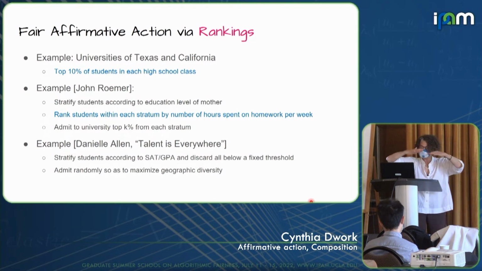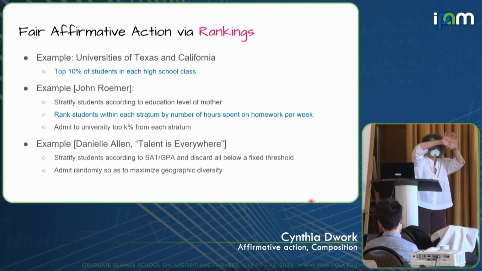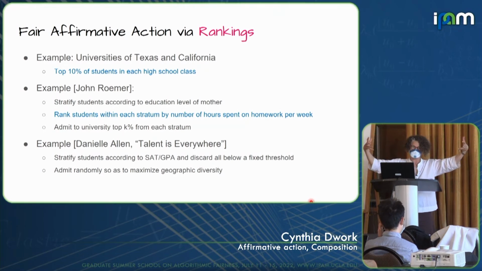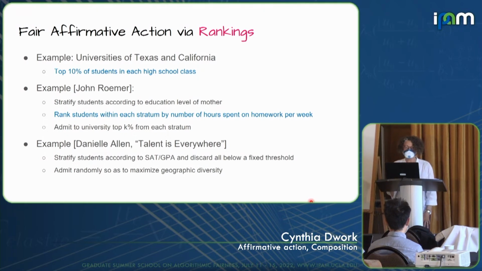But in any case, she says, discard everybody below whatever your fixed threshold is. And then, having now focused on a different pool of applicants, you admit randomly in such a way as to maximize geographic diversity. And hence the title, Talent is Everywhere. Red states, blue states, whatever. Danielle's isn't exactly ranking, but she's kind of done a sort of ranking where she has the top and the not top.